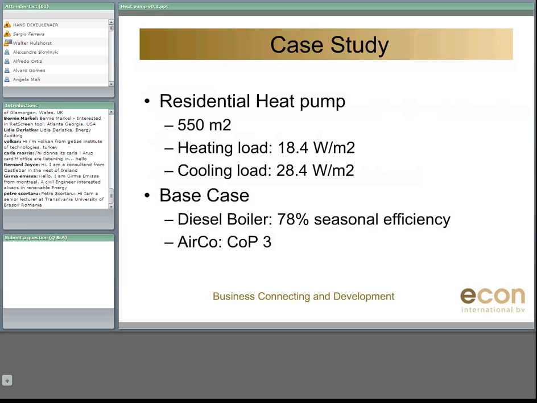This software was developed by Natural Resources Canada. It is available freely on the internet. Leonardo Energy has performed a number of webinars applying this software to a number of other technologies, including renewable technologies and other energy efficiency technologies.